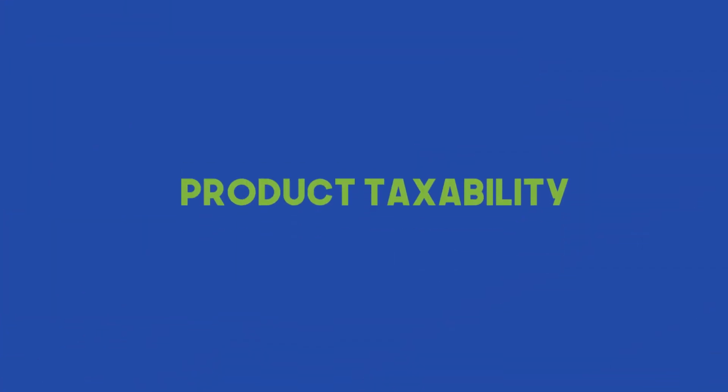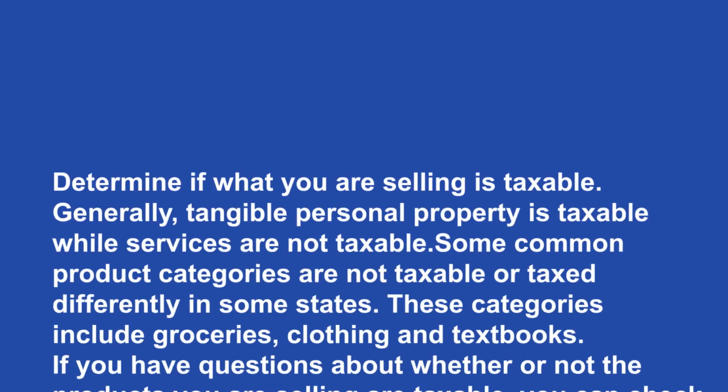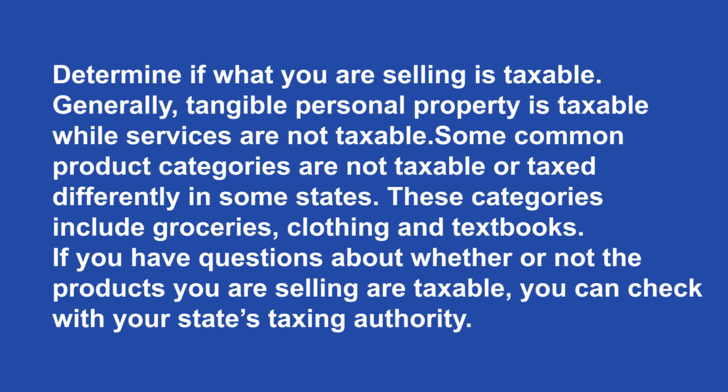Next on my list, which is number 8, comes product taxability. Determine if what you're selling is taxable. Generally, tangible personal property is taxable while services are not taxable. Some common product categories are not taxable or are taxed differently in some states as well.